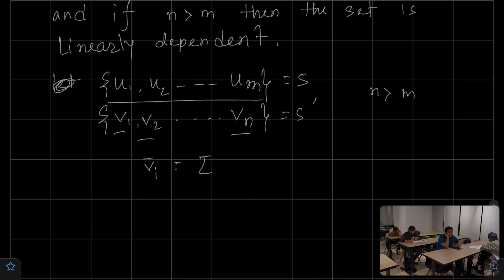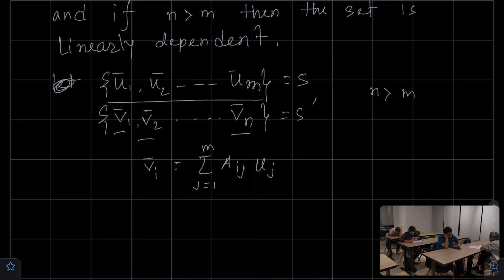That means the vector vi is equal to the sum of aij uj, where j equals 1 to m.